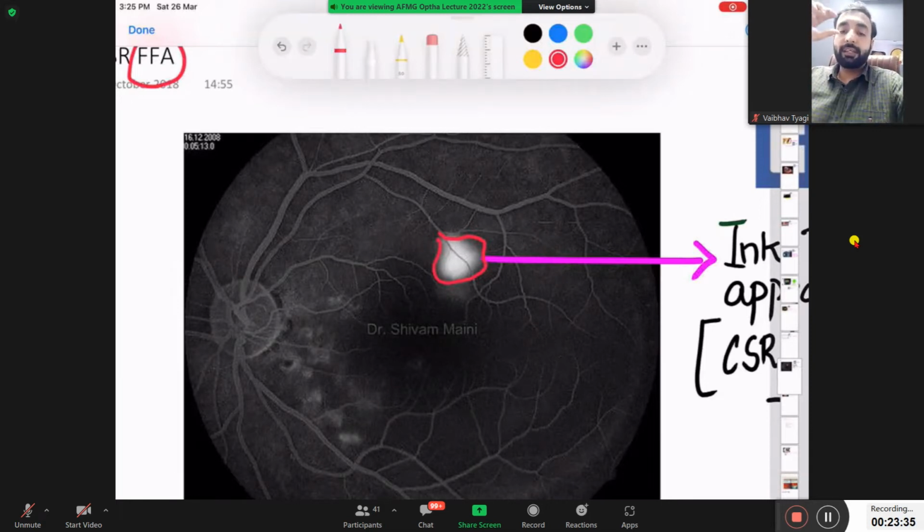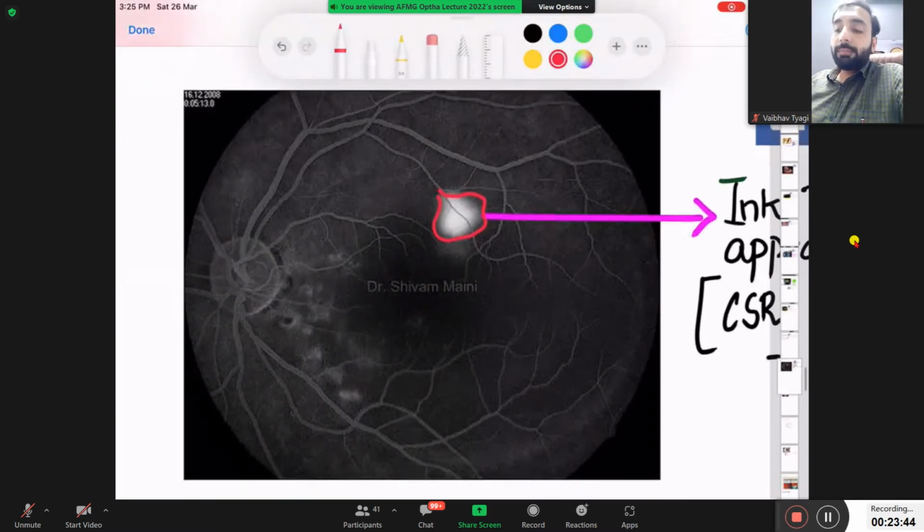And then with the help of a camera in the eye, we take certain pictures, and they look like this. This black and white picture will give us the exact location of leakage of the capillaries so that later on we can fire laser shots at those leaking points. Clear or not clear?